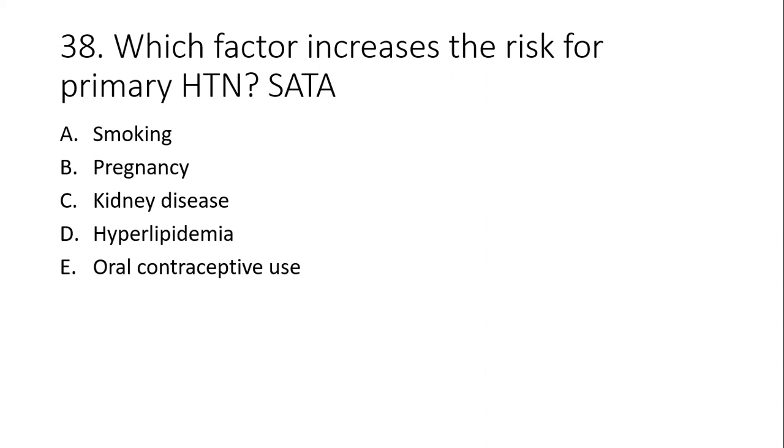Anna, you have failed this question. I'm sorry. I love you, but you missed it. So smoking is a yes. I missed this one because I selected kidney disease, which is secondary. With pregnancy, people have preeclampsia or eclampsia, so the hypertension is being caused by the pregnancy, which would be secondary.